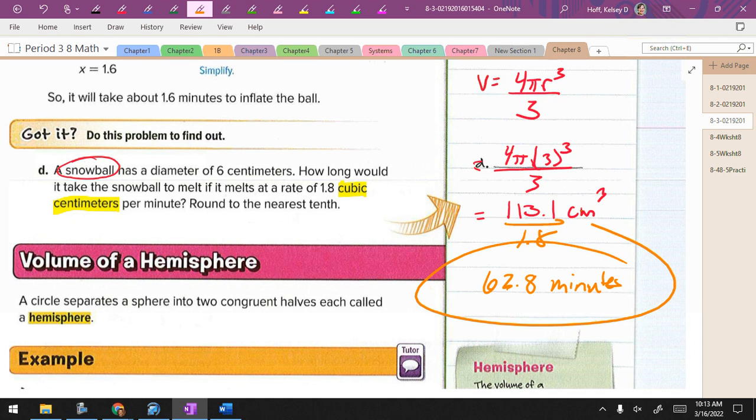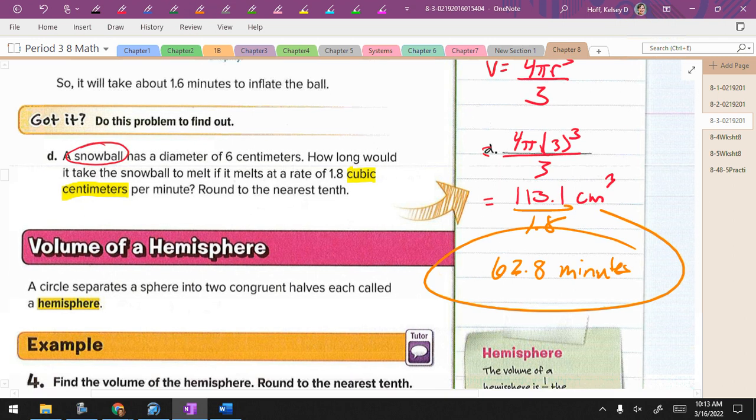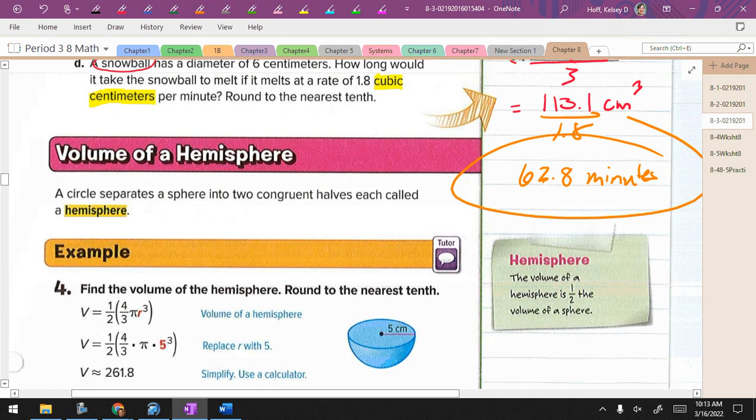All right, one curveball for you today. Hemisphere. You think of the globe as a sphere, right? And in geography, you guys studied the northern hemisphere and the southern hemisphere, correct? When you cut that globe in half with the equator, you have the northern hemisphere and the southern hemisphere. Half of a sphere. So they're also going to have us find the volume of a hemisphere.